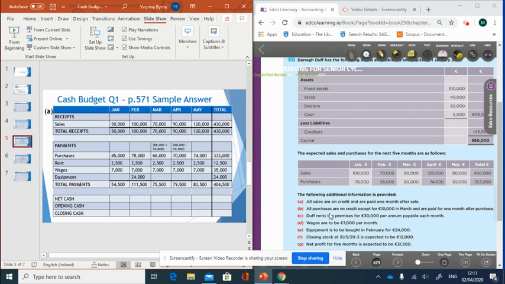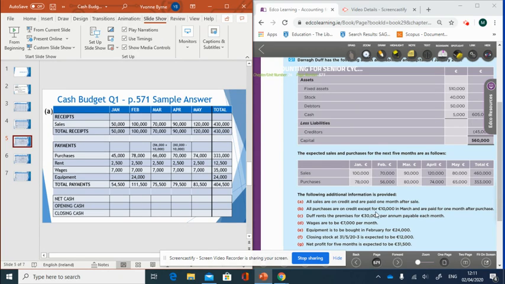So what that's telling us is all our purchases are paid for a month after we receive them, and just that there's a 10,000 exception in March. So when we bought 10,000 euro worth of stuff in March, we actually had no choice but to pay for it there and then. So we just add that 10,000 into March and take it away from April then, if that makes sense.